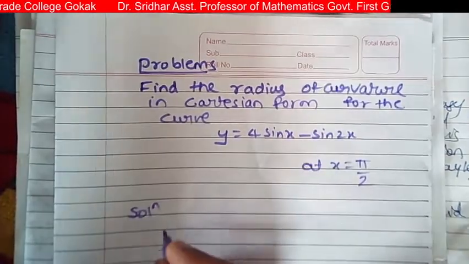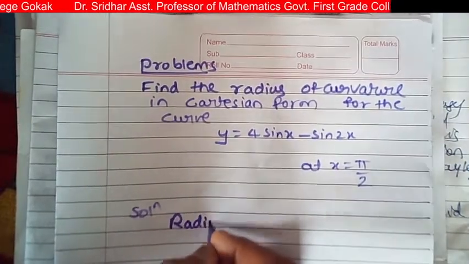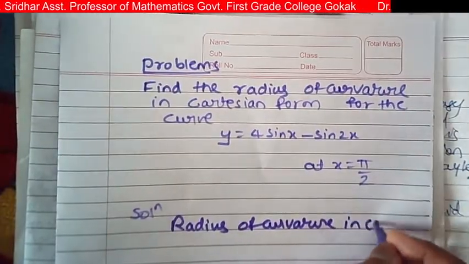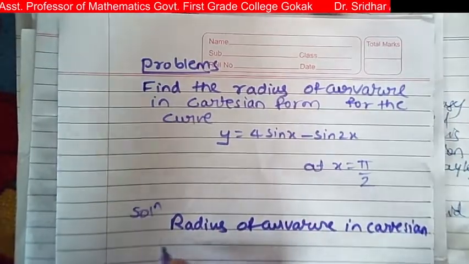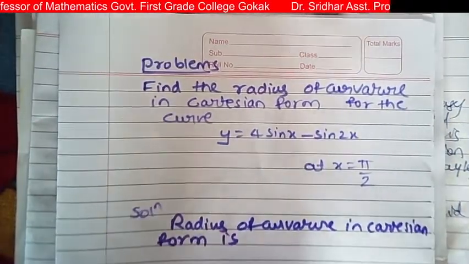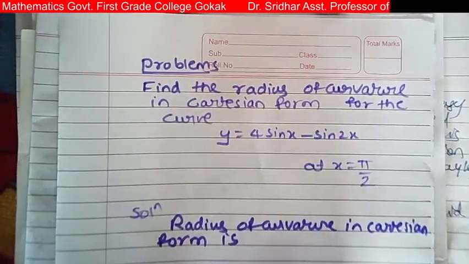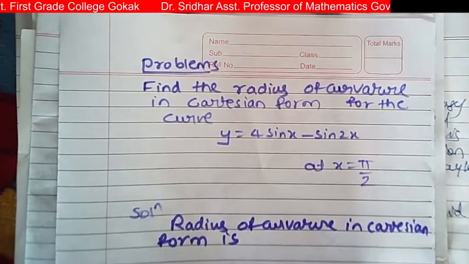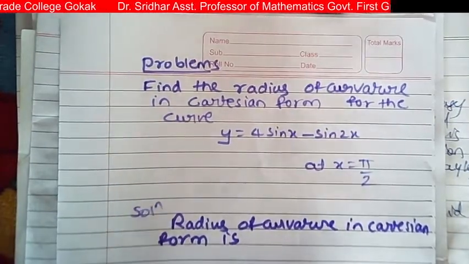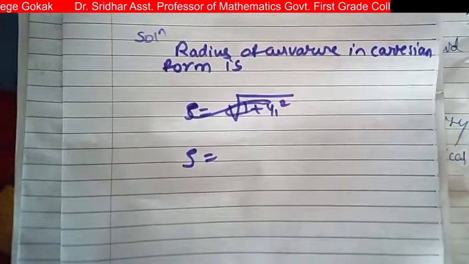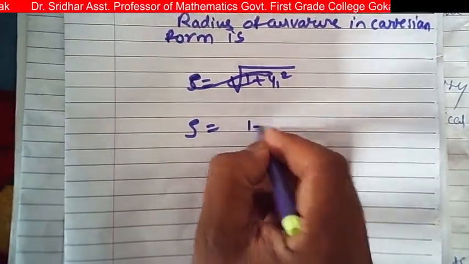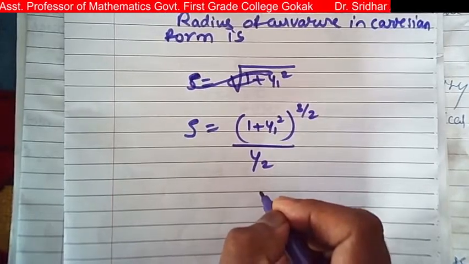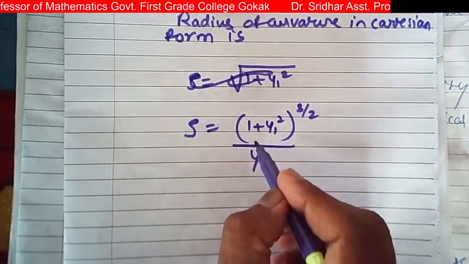The radius of curvature in Cartesian form is given by rho is equal to 1 plus y1 square raised to 3 by 2, divided by y2. This is the formula for radius of curvature in Cartesian form.